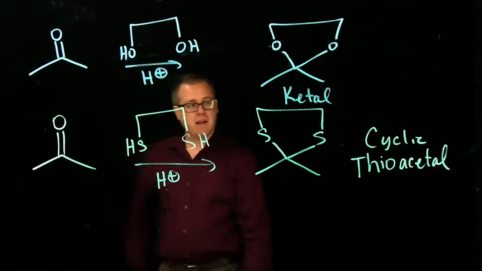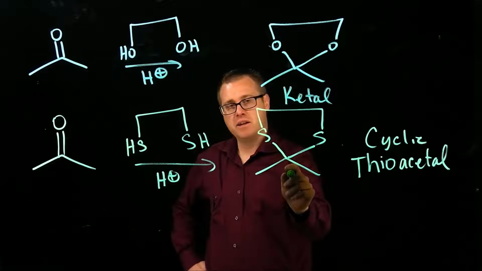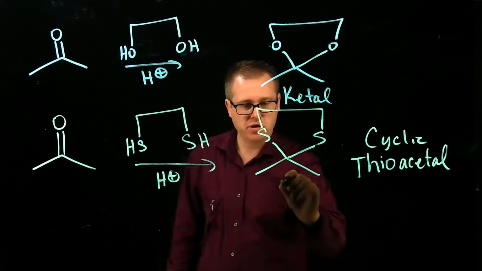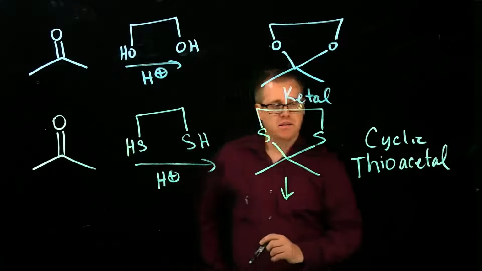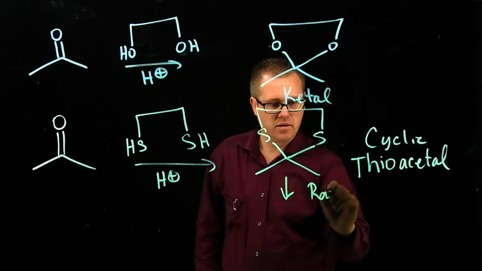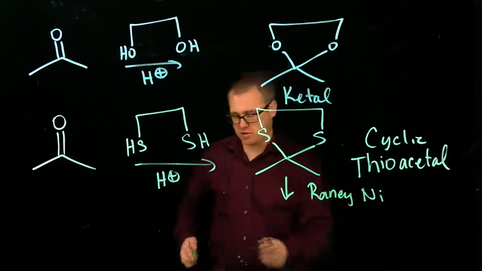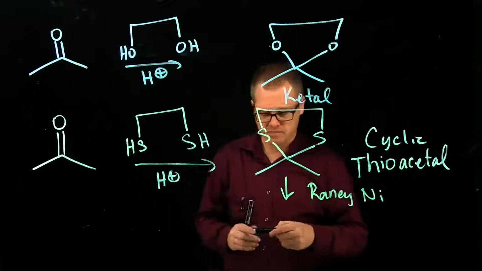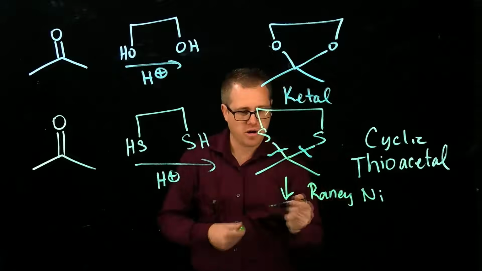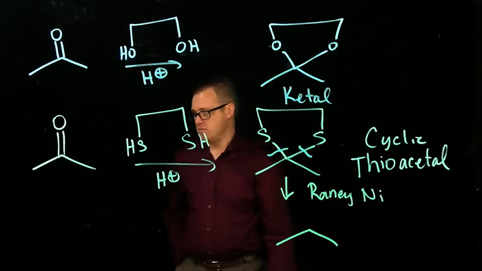Now the cool thing about cyclic thioacetals is you can do a reaction in which, if you treat the thioacetal with Raney nickel, it's going to reduce those bonds right here and turn our product into a simple alkane.